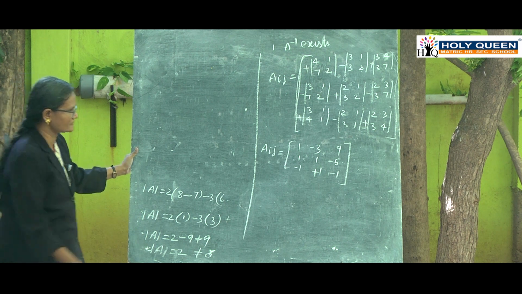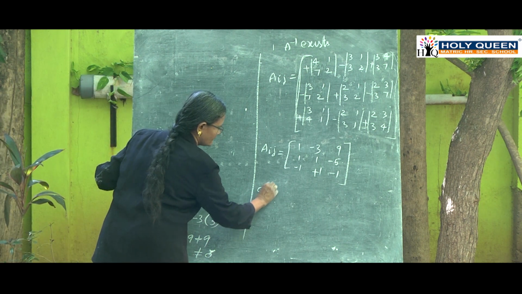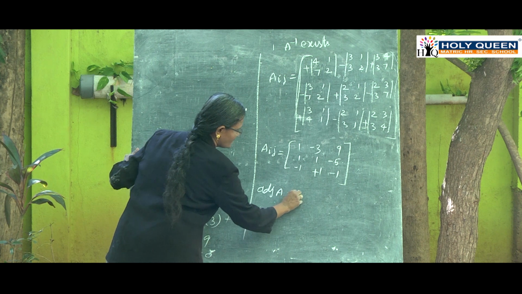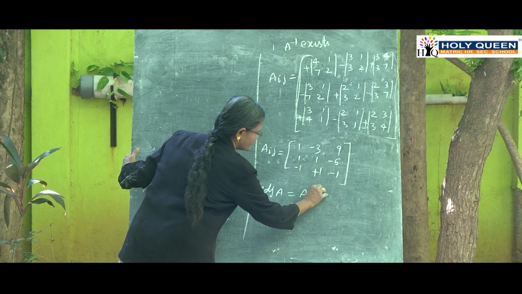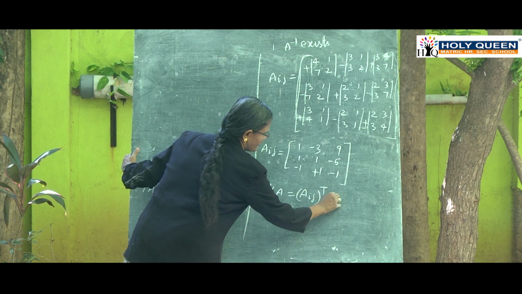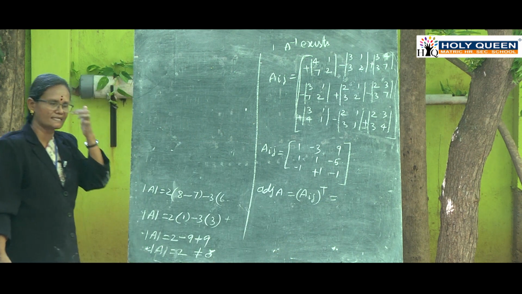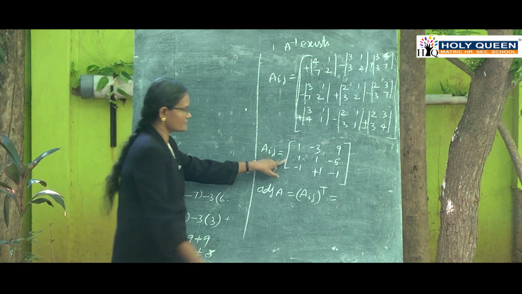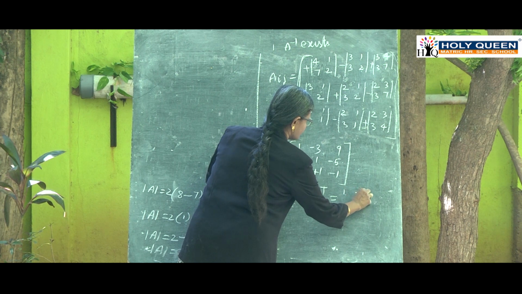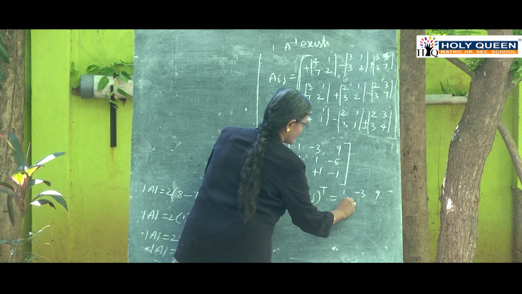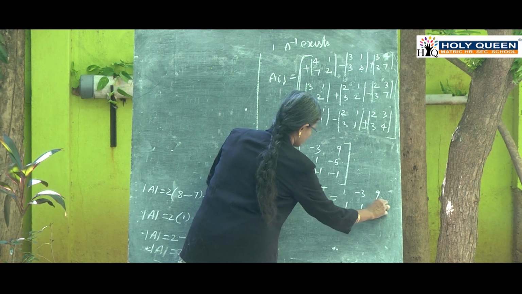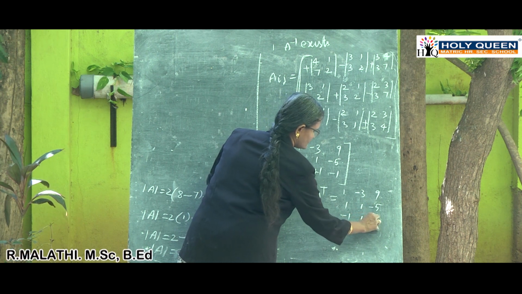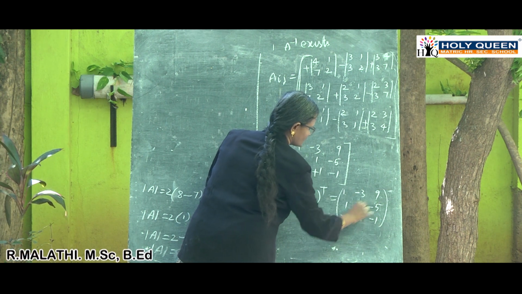Then adj of A is equal to Aij the whole transpose. What is Aij? That is the cofactor matrix: 1, minus 3, 9; 1, 1, minus 5; minus 1, 1, minus 1, the whole transpose.